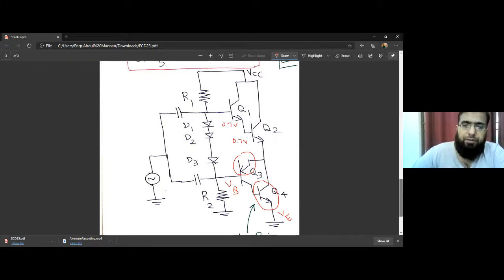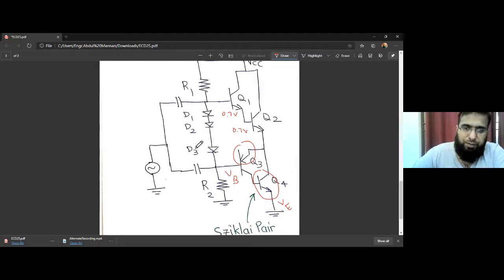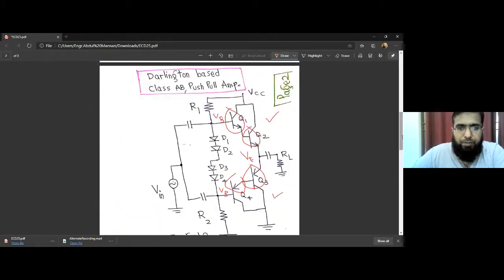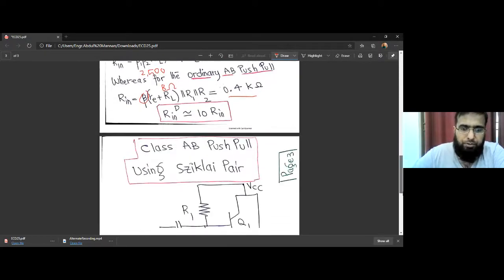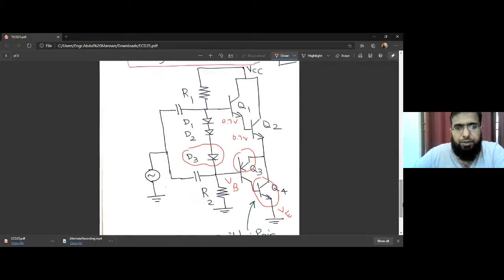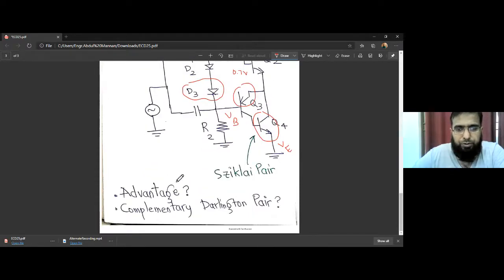But for a Ziegler pair, we need only 0.7 volt, and that is why we have only one diode D3 instead of two diodes D3 and D4, like we had in the push-pull amplifier that we implemented using a conventional Darlington pair. Here we don't need two diodes, only D3 is enough. So these are the two advantages that we can gain using a Ziegler pair.